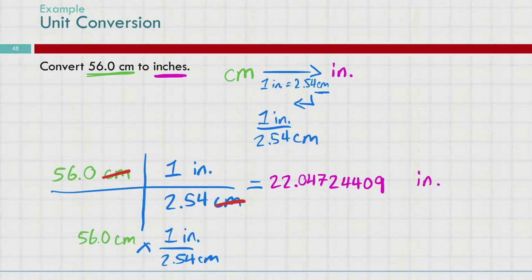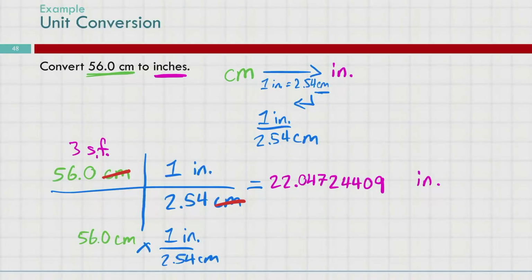24409. Is that our final answer? No, it's not. What do we need to do? Sig figs. How many significant figures should we have? We look at our 56.0.